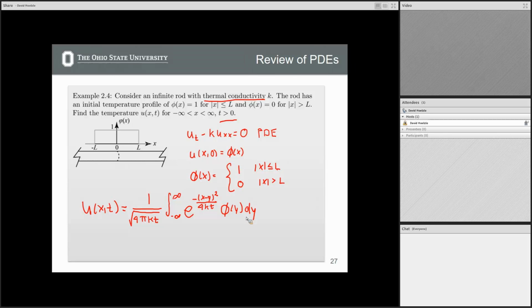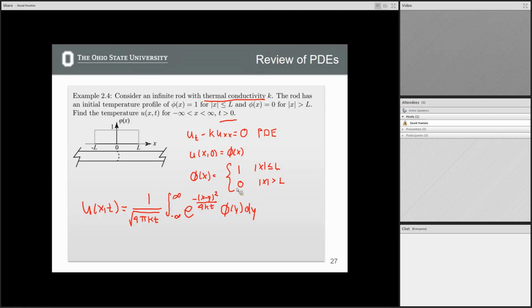All right. So we know, though, that phi of x is equal to 0 for a large part of this domain from negative infinity to infinity, right? So we can actually simplify this. We know it's 1 for absolute value of x less than or equal to L, and it's 0 for anything outside that.